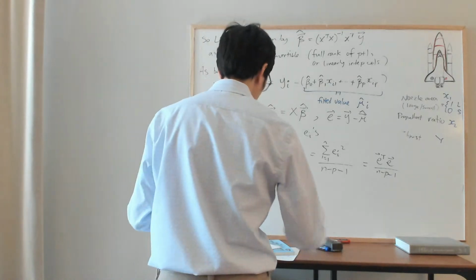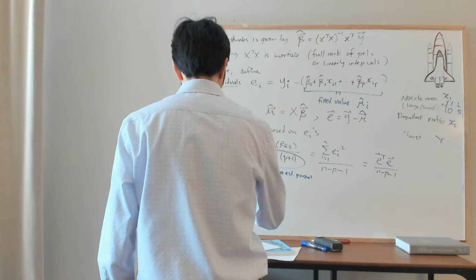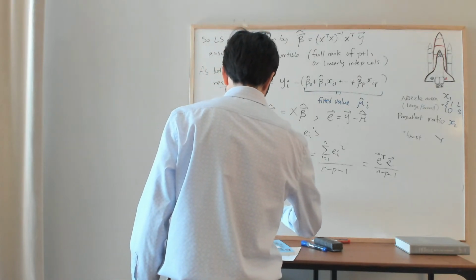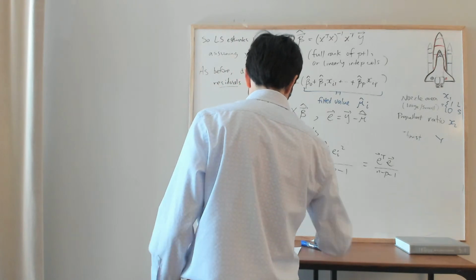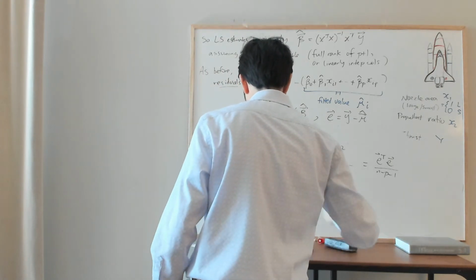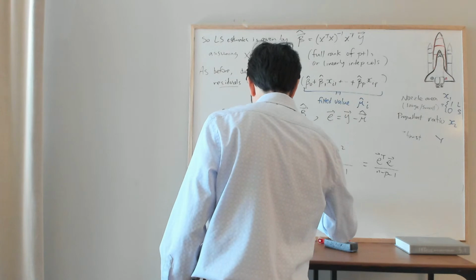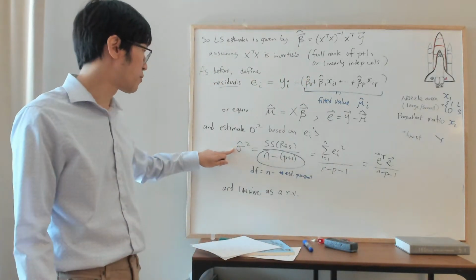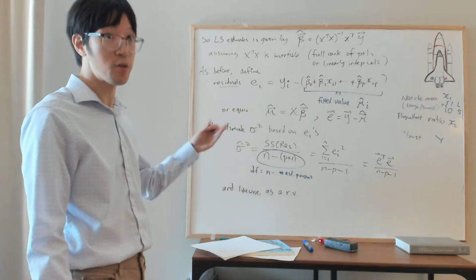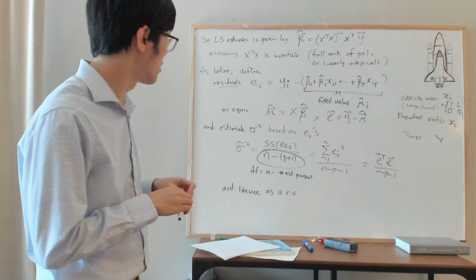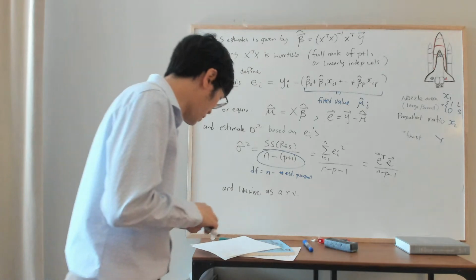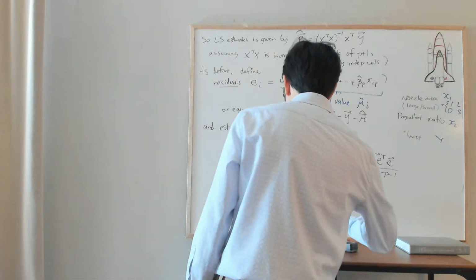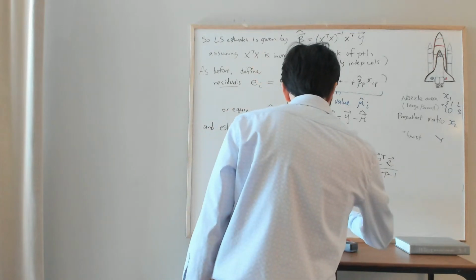We'll say one more fact. Likewise, sigma squared hat, when viewed as a random variable, is related to the chi-square distribution, just like in the simple linear regression case. In this case, the degrees of freedom is n minus p minus 1.